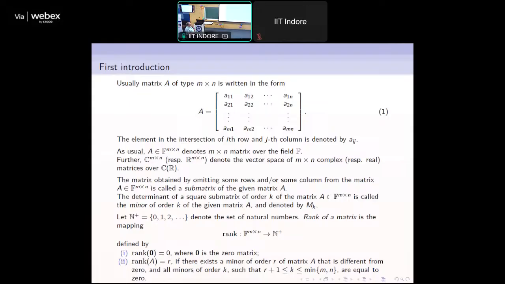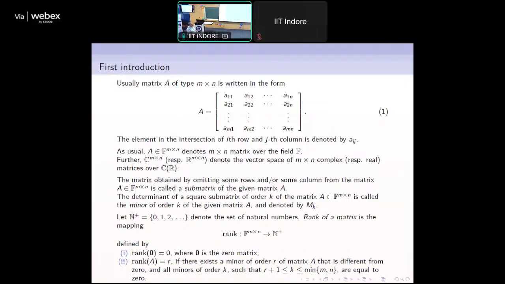Complex numbers will be denoted by the usual notation C, real by the usual notation R. A matrix obtained by omitting some rows and columns from the initial matrix A is called a submatrix of the given matrix A. If we take the determinant of a square submatrix of order k, we will obtain a minor of this matrix. A minor of order k is typically denoted as M_k.